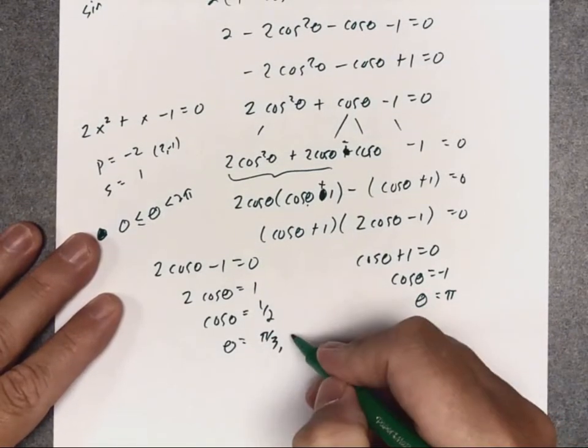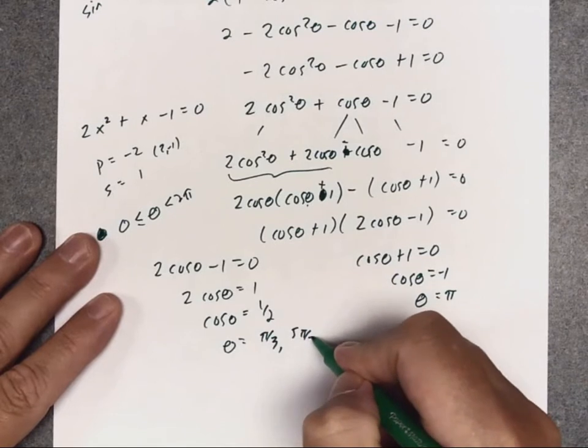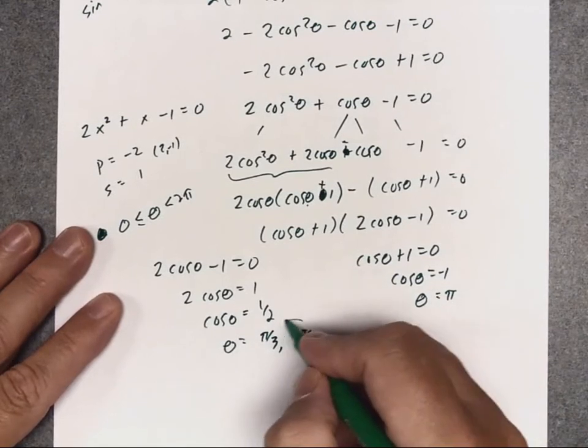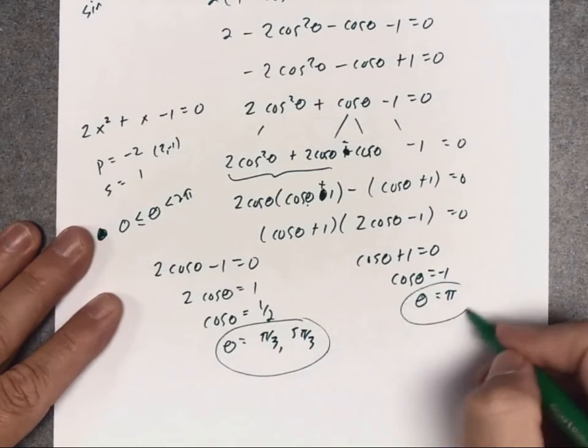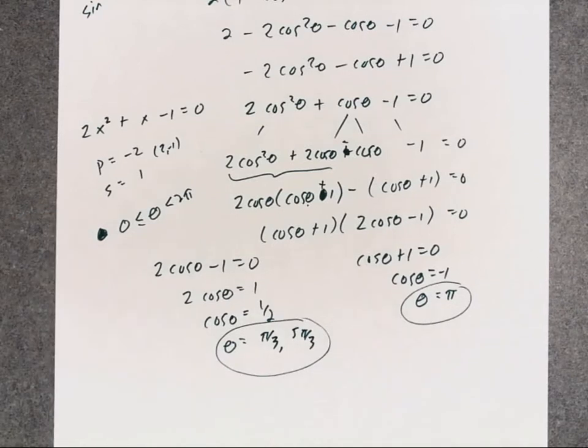Pi over 3, 5 pi over 3. Turns out I have 3 solutions. Okay, that one was a little bit messier, but you may see problems like that. All right, so that wraps up solving trig equations.